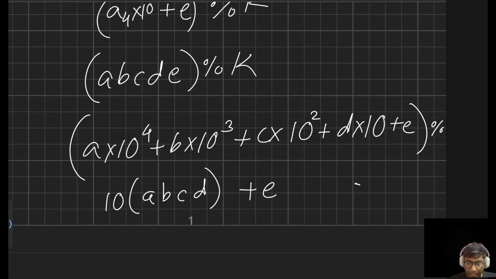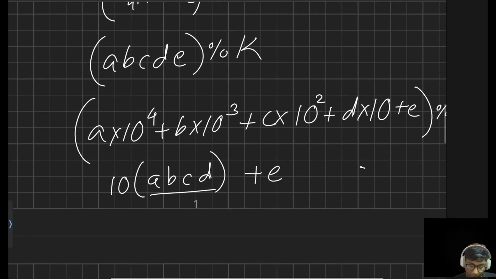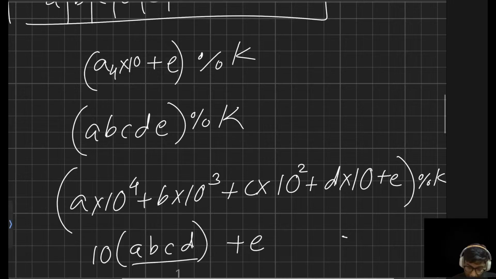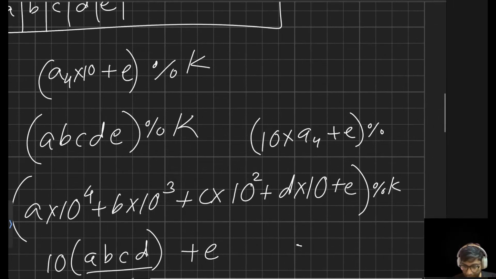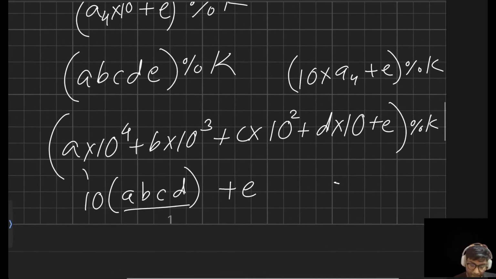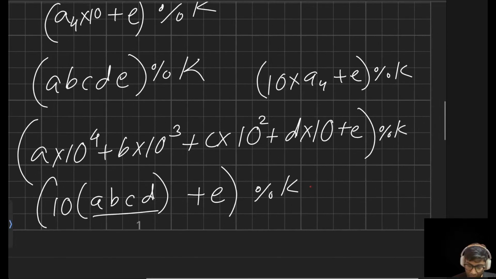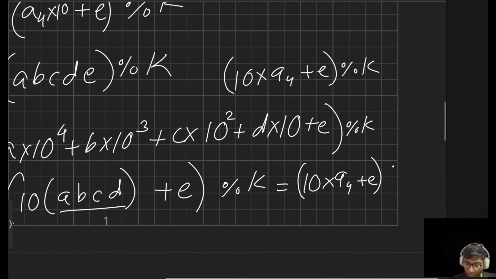And we know that abcd modulo k is a4, no? So this is 10 into a4 plus e modulo k. So equal to 10 into a4 plus e modulo k. So proven through induction.